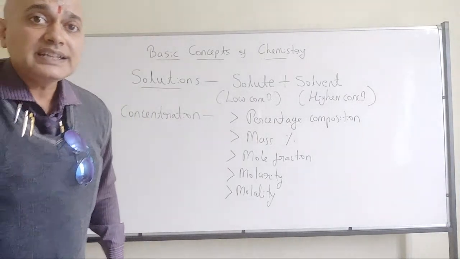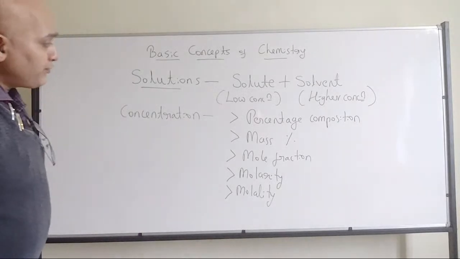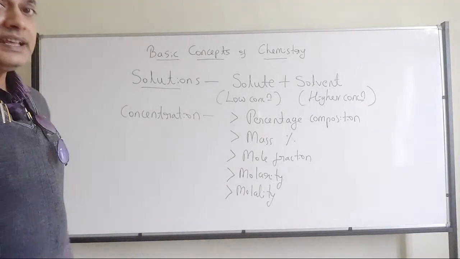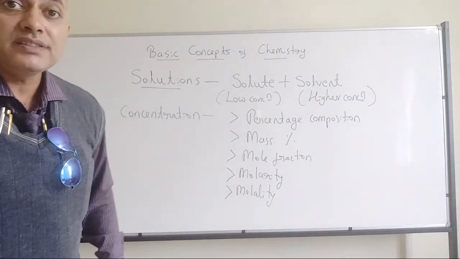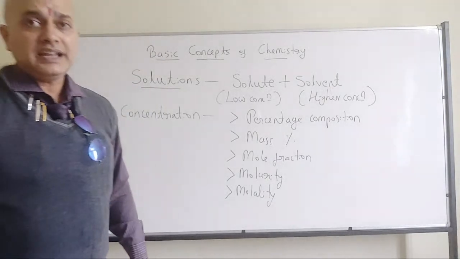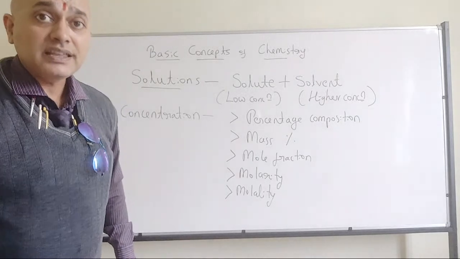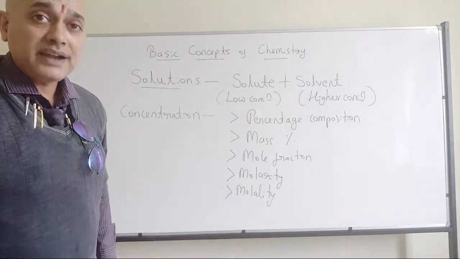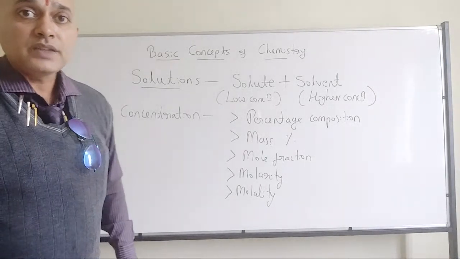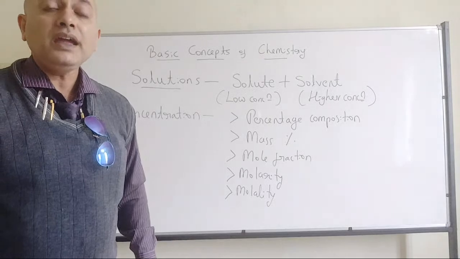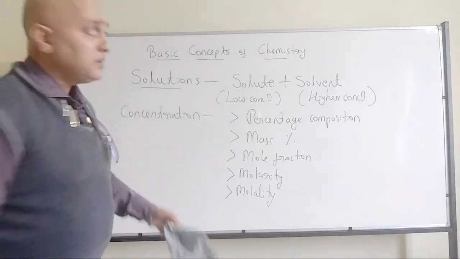If you observe carefully, in mole fraction, molarity and molality, in all these cases we are dealing with the moles of the element. That means to understand this concept, you should know what you mean by mole. So what do you mean by mole?